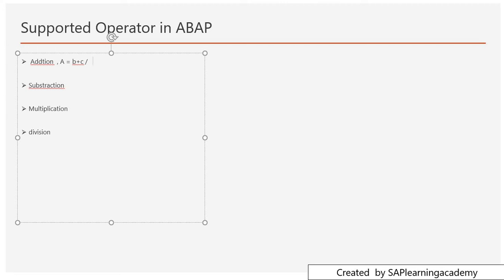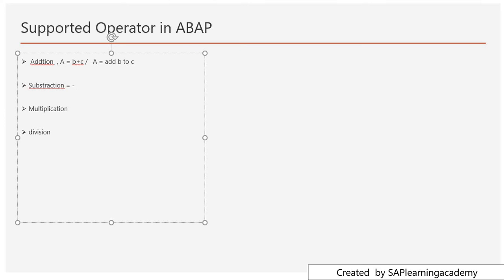Simply you need to write add B to C, and if you assign this value to something else like A, the same thing can be done, as I showed you. The same thing can be done by using this plus symbol, and also by using this add keyword in ABAP.